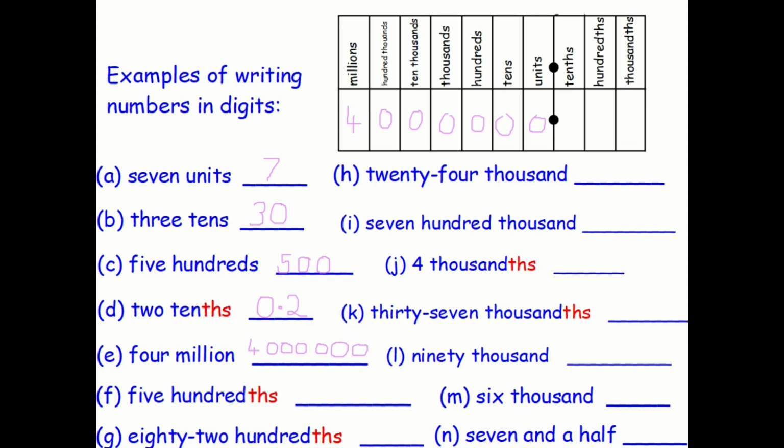Part F, 5 hundredths. So 5 hundredths, got to pay attention to that THS again. So the 5 is going to go in the hundredths column, but to finish off that number, I've got to put a 0 there and a 0 there. So it appears as 0.05.